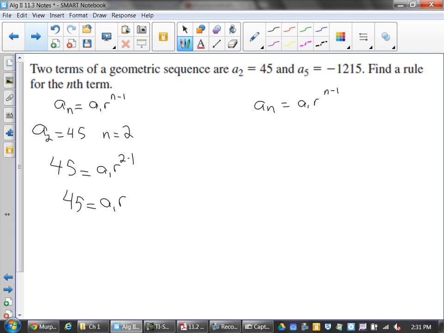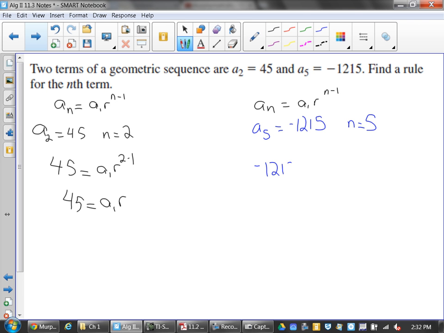So I'm going to do the exact same scenario with the other one. Fill in all the same other stuff. I know that the fifth term is negative 12, 15. So that means n is what? 5. So I fill it in.